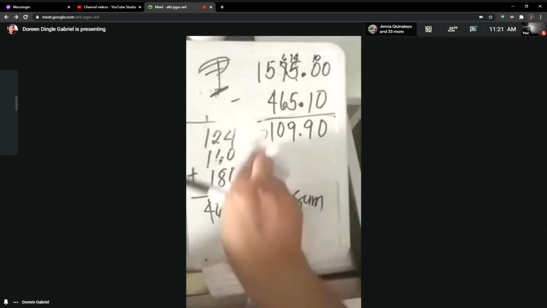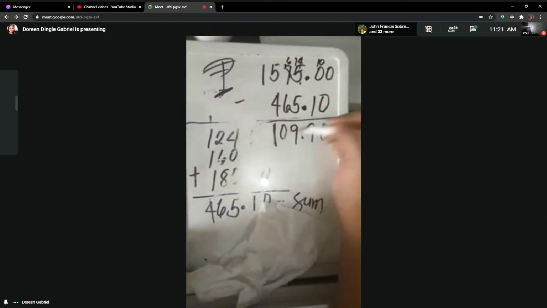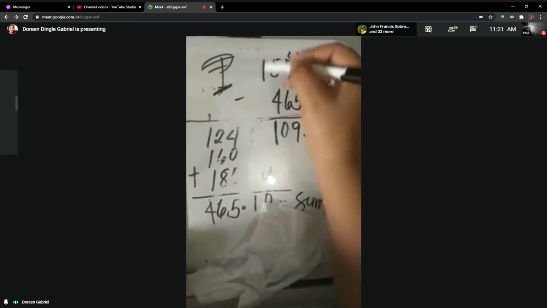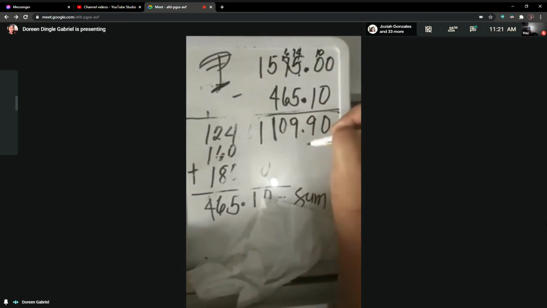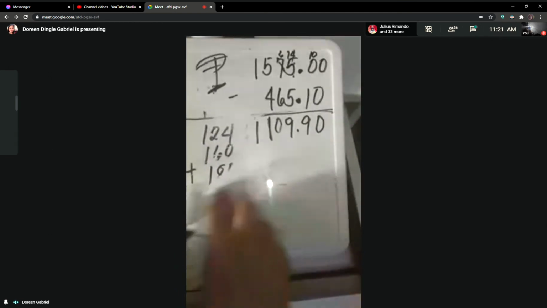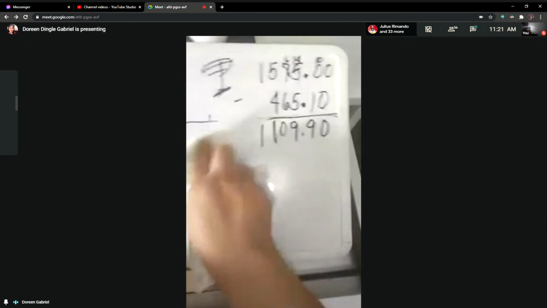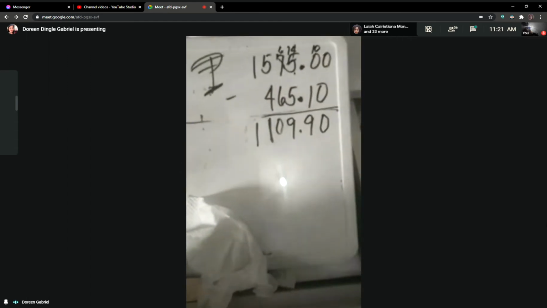Therefore, again, since 1 po yan, di naman po kayo nag-rename, so bring down 1. There is no number here, so bring it down. So, the answer is 1,109. Ito na lang po yung natitira sa pera ni mother to spend for other needs of the family.